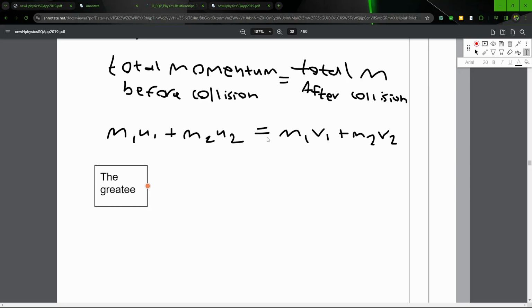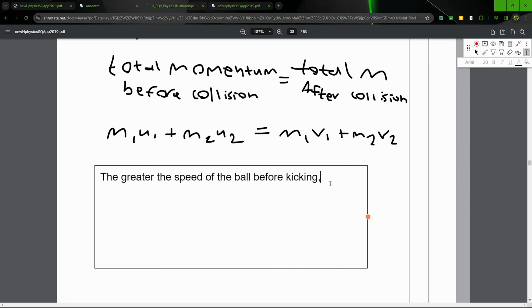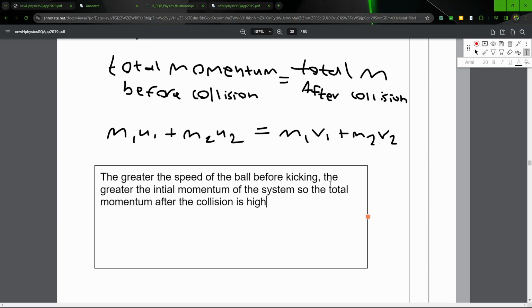The greater the original speed of the ball before kicking, the greater the initial momentum of the system, so the total momentum after collision is higher, so the ball moves at a higher velocity after the collision.